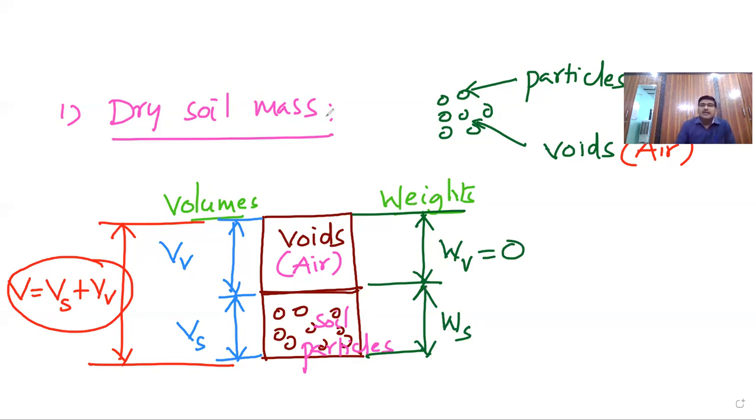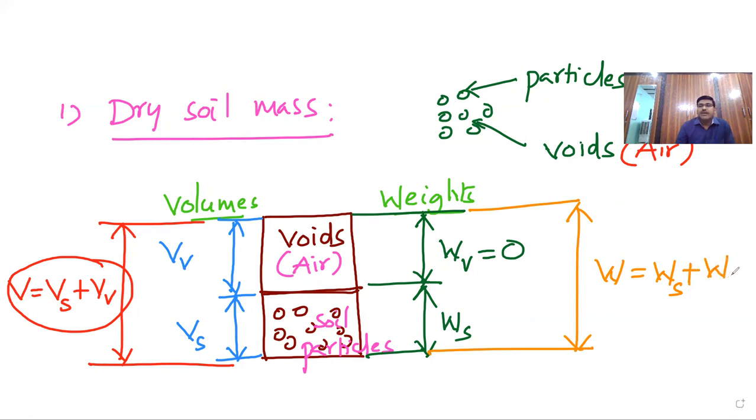That means the total weight of the dry soil mass, W, is the weight of soil particles, Ws, plus the weight of voids. But the weight of voids is 0, hence the total weight is the weight of solid particles.